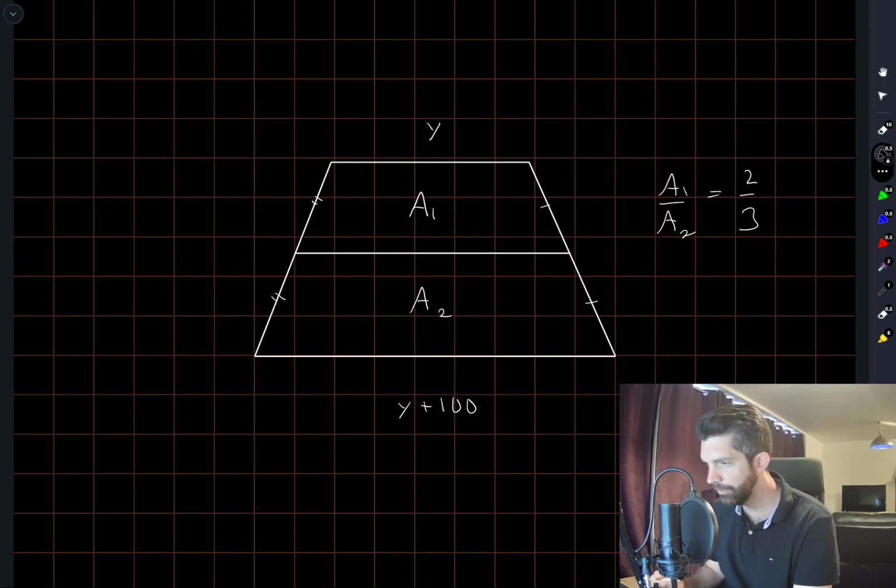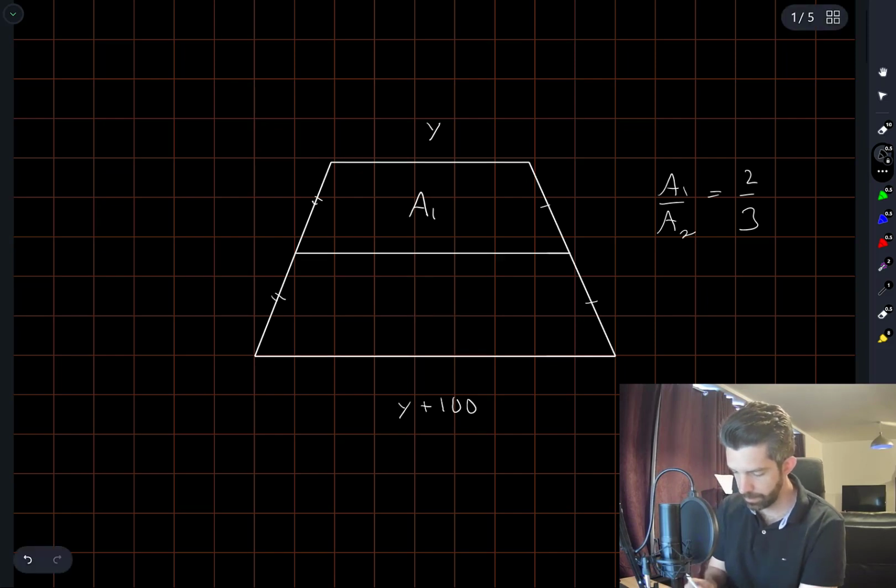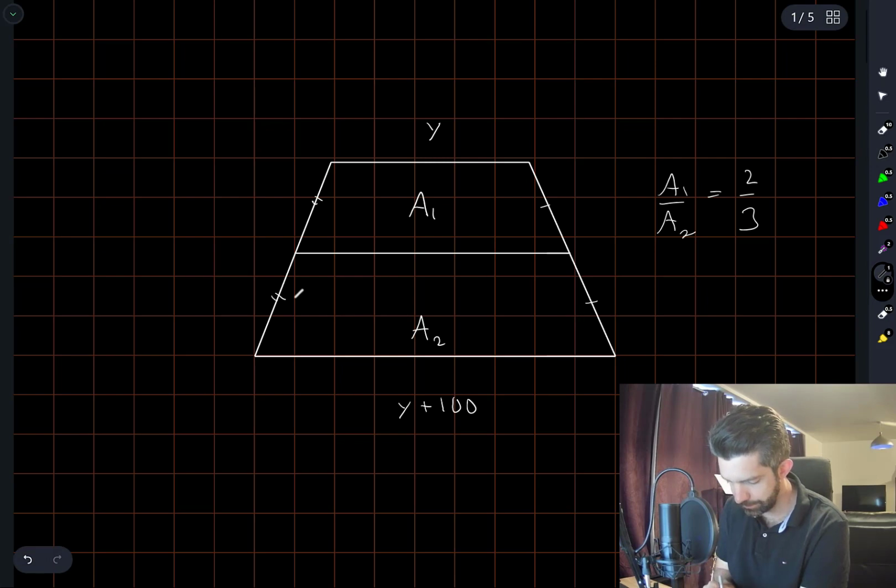X is the length of the segment joining the legs of the trapezoid that is parallel to the bases and that divides the trapezoid into two regions of equal area. Okay, so now we have another line of length x.